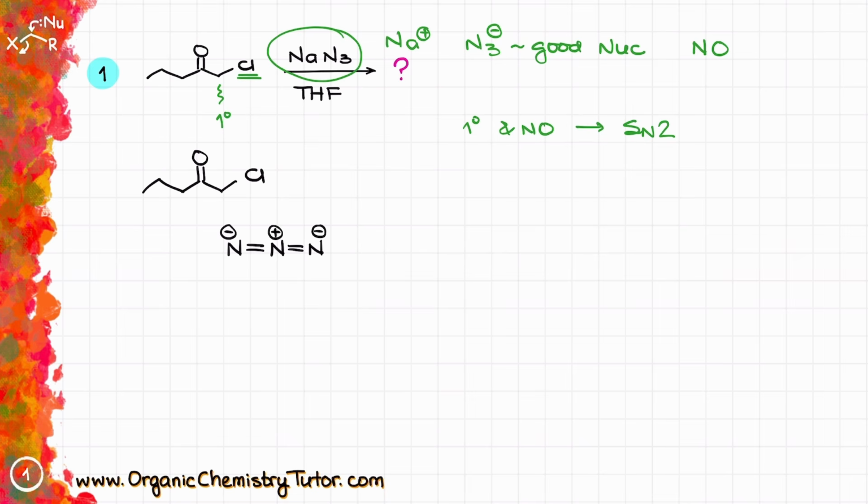So if I were to jot down the mechanism for this reaction, the nitrogen of the azide is going to attack the carbon with my leaving group, the leaving group is going to get displaced, and in one movement in this SN2 reaction, I'm going to get the final product that's going to look like this. And of course, we didn't completely forget about our sodium from the very beginning.